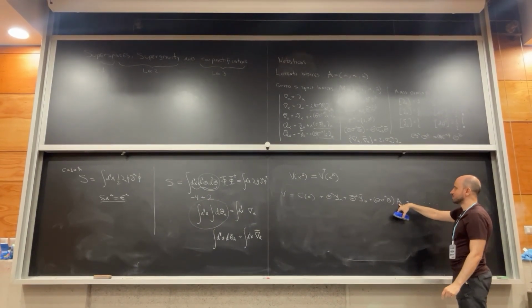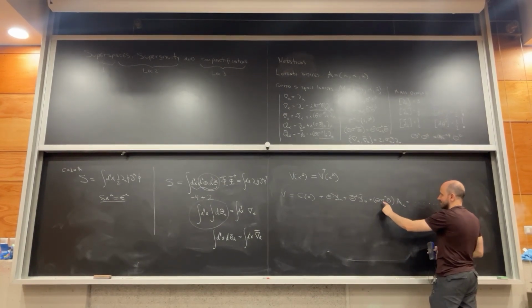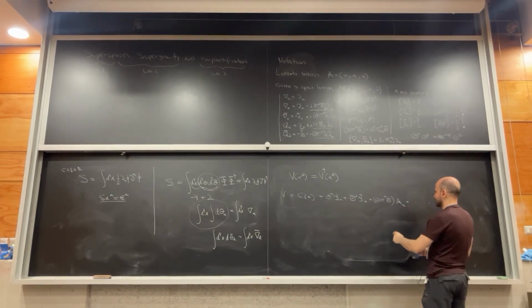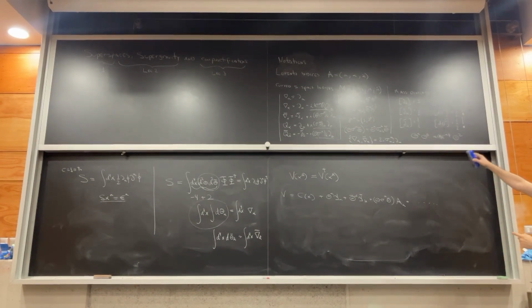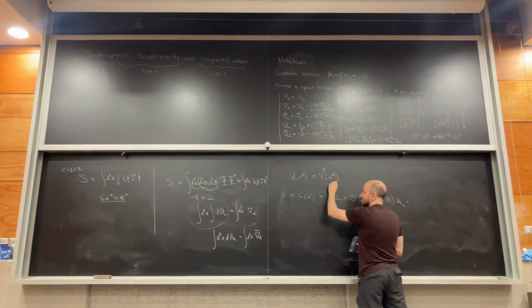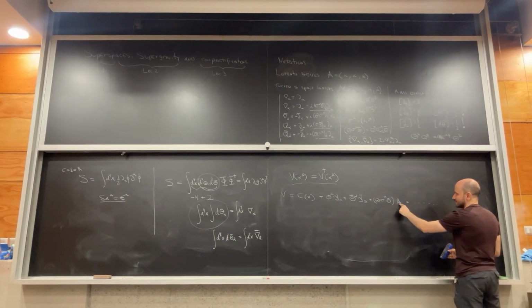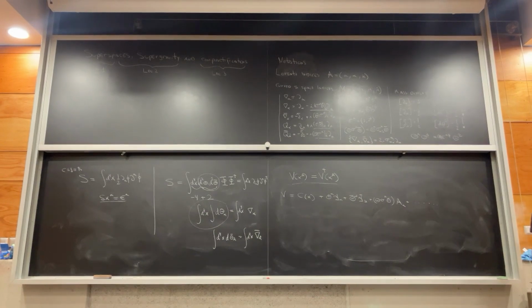This guy over here is going to be real because if I do the dagger of this combination, I get exactly the same combination. You can check using the rules and the definitions. The reality condition on the whole superfield imposes that this vector here is real.